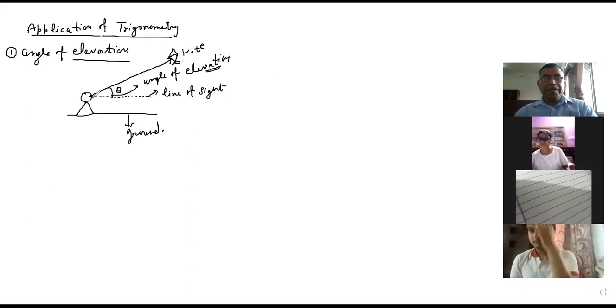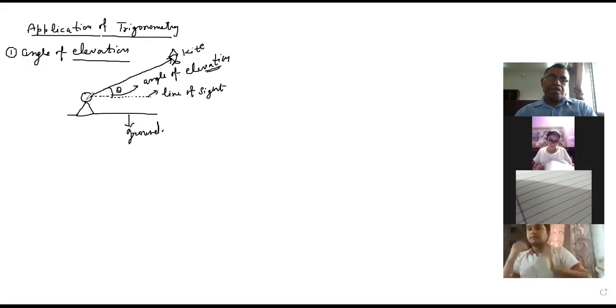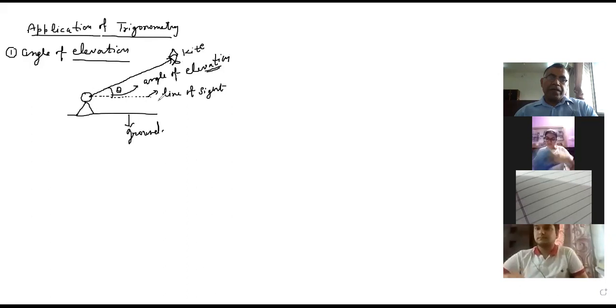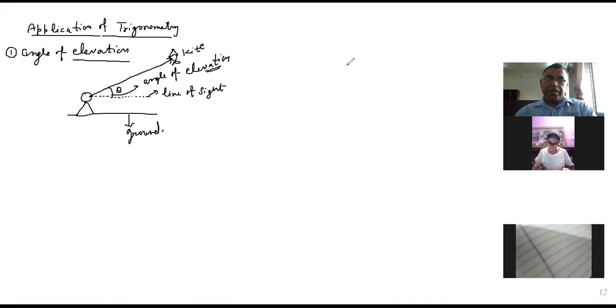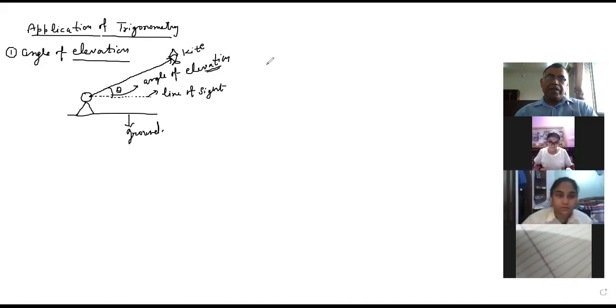So this is the angle between the line of sight as well as the line of the object. एक लाइन ऑफ ऑब्जेक्ट जो आदमी इसको देख रहा है और एक लाइन ऑफ साइट के साथ जो एंगल बनता है, दिस इज कॉल्ड एंगल ऑफ एलिवेशन.